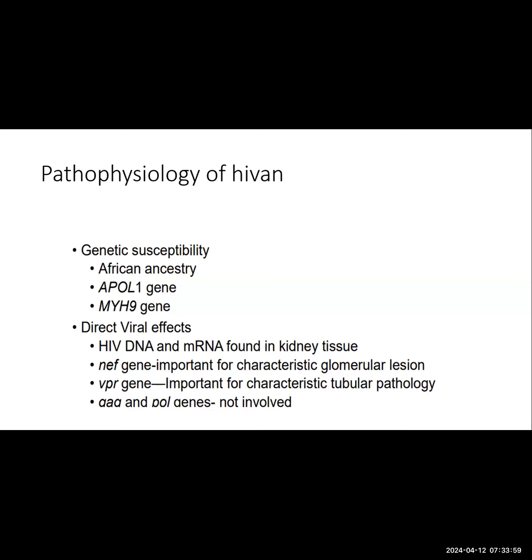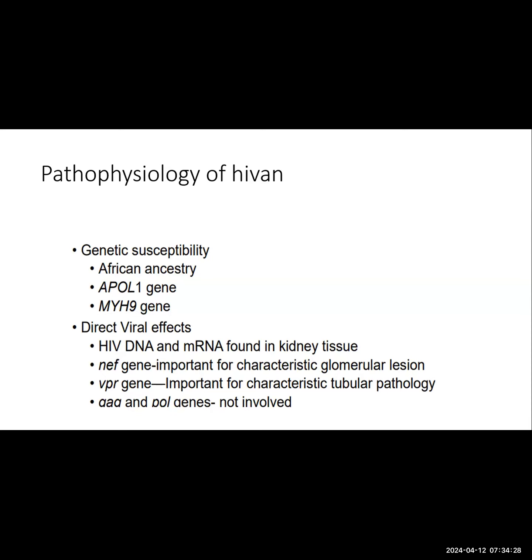So you also have direct viral effects from the virus itself. In patients who have HIV-1 DNA, the mRNA causes direct injury to the glomerulus of the kidneys and active replication within the renal tissue, and can cause production of cytokines within the renal interstitium and cause scarring, sclerosis, and atrophy.